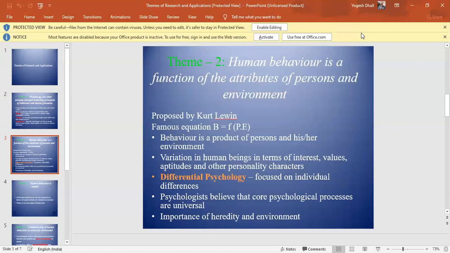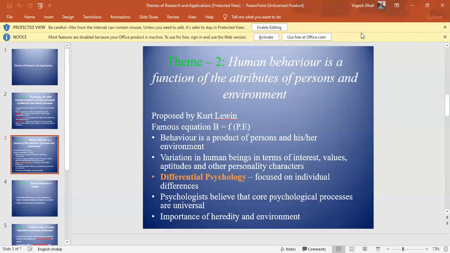It means psychologists study another theme, that human behavior is a function of attributes, meaning his or her characteristics or habits, and his or her surrounding environment. So behavior is dependent upon two things. First is attributes and second is environment.